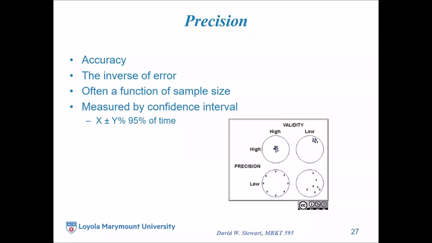We've talked a bit about precision. It's really simply how accurate the measure is. It's the inverse of error. It's often a function of sample size, but not always. In the world of big data, people often have millions of records, but those millions of records may not actually be representative of the market.